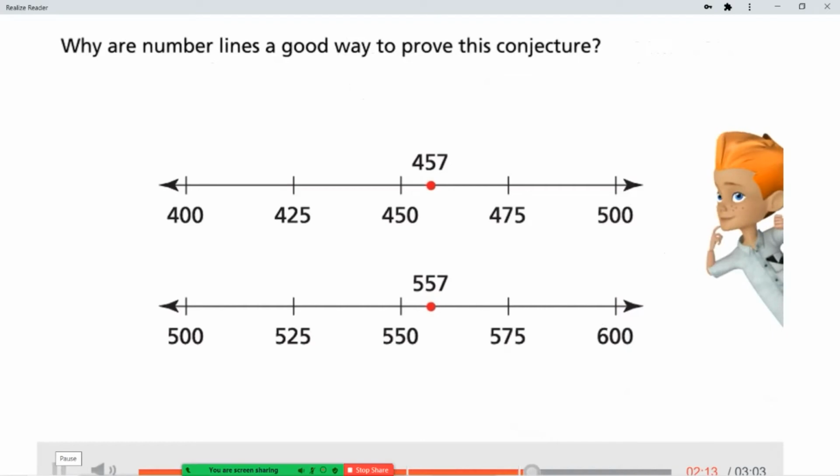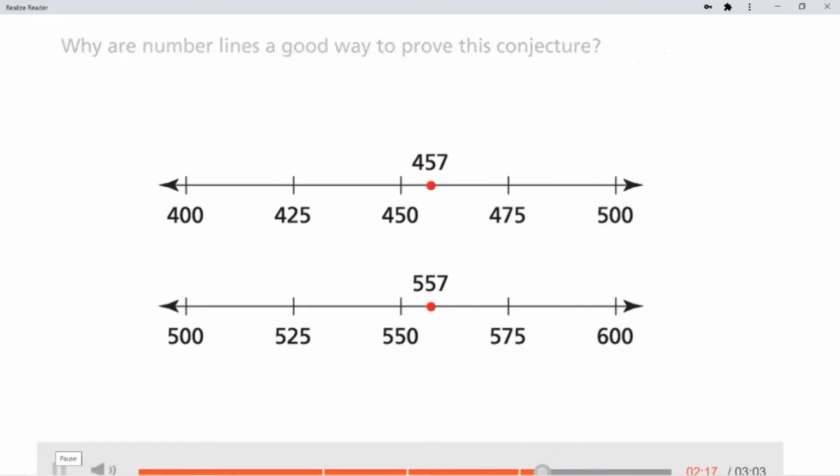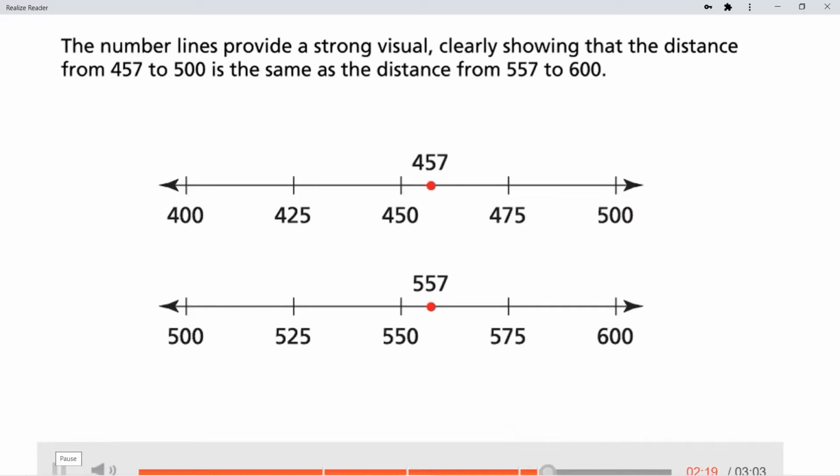Why are number lines a good way to prove this conjecture? The number lines provide a strong visual, clearly showing that the distance from 457 to 500 is the same as the distance from 557 to 600.